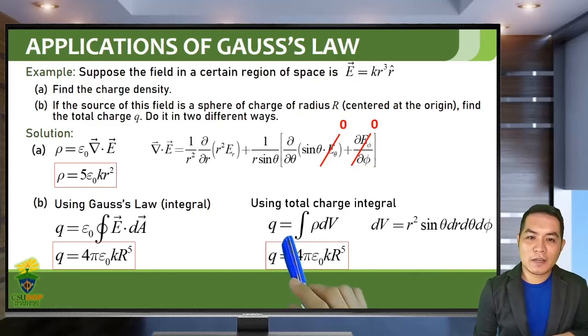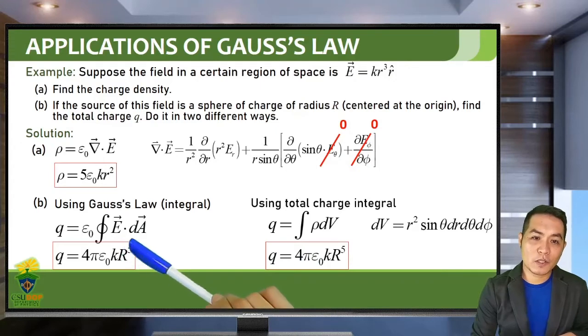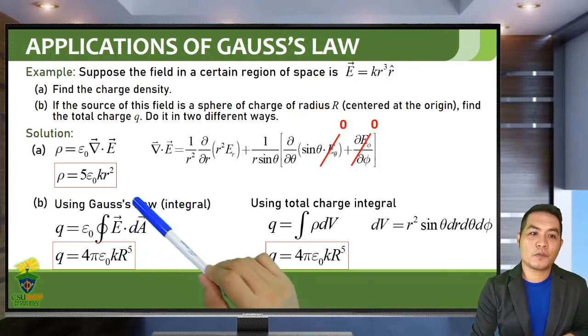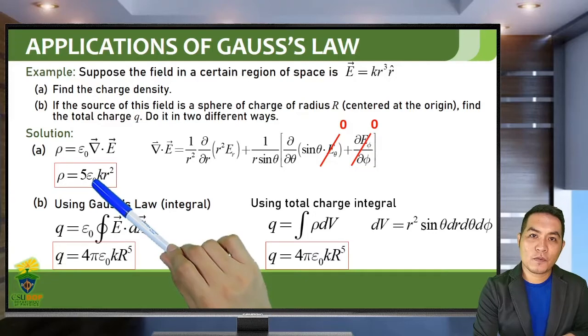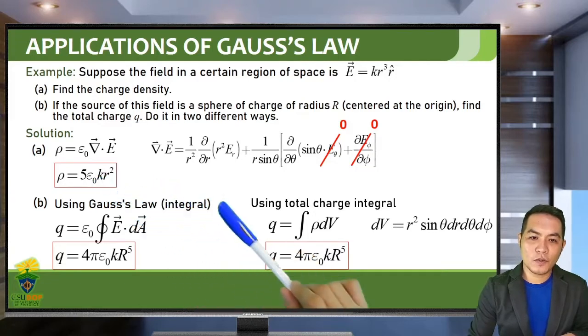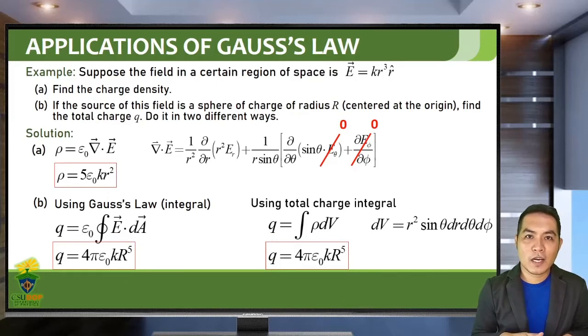I will leave the derivation to you, since it is an easy derivation. So there are two ways here. You directly use Gauss's law, integral form, or you first use the differential form of Gauss's law and then use the rho to solve for the total charge Q. That's the different ways to use the integral and differential form of Gauss's law.